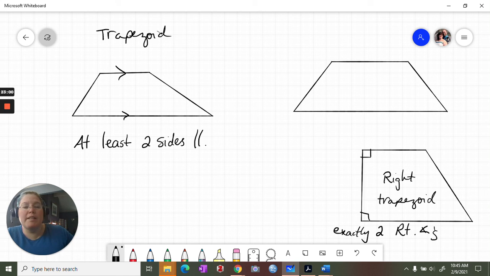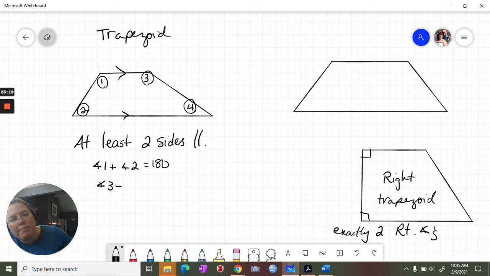Characteristics then, any 2 consecutive base angles, like along opposite bases. Okay, so angle 1 plus angle 2 is 180. Angle 3 plus angle 4 is 180. So just keep that in mind.